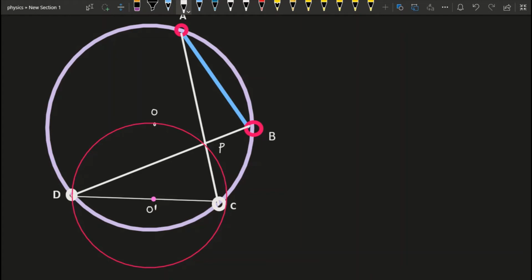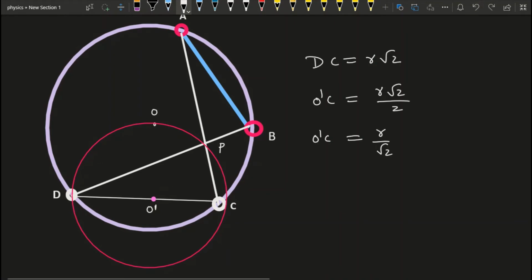I already know the DC length. So DC length is r root 2. So the radius of the circle O dash C is equal to r root 2 divided by 2, that is r by root 2. Okay, so this radius is r by root 2.